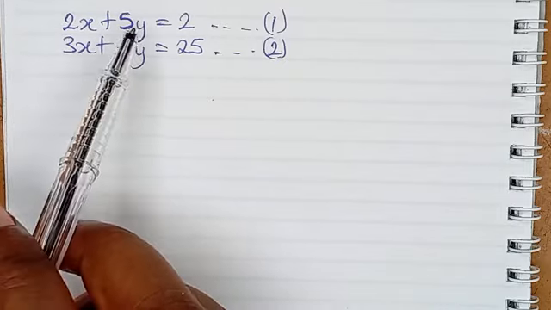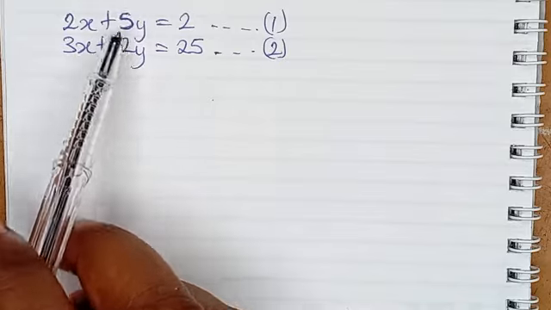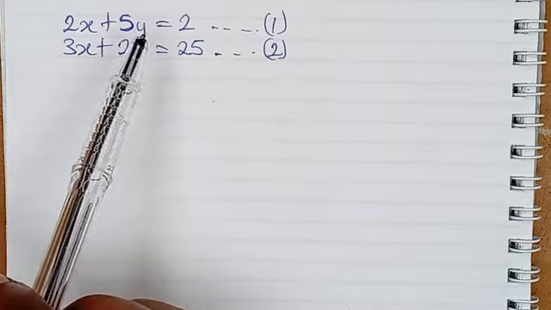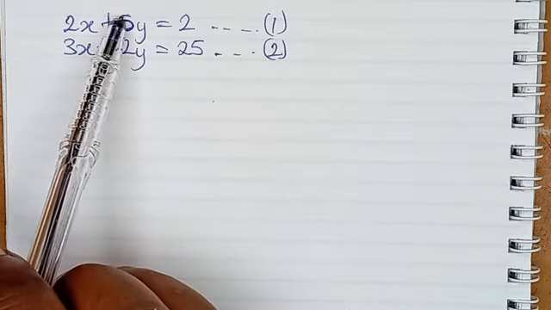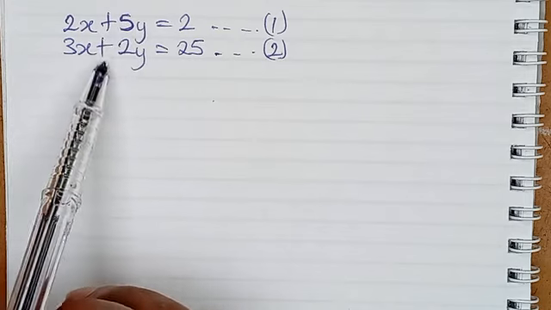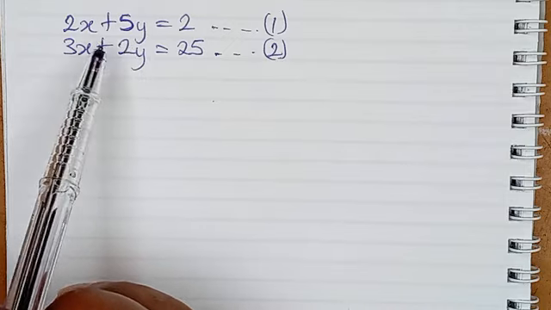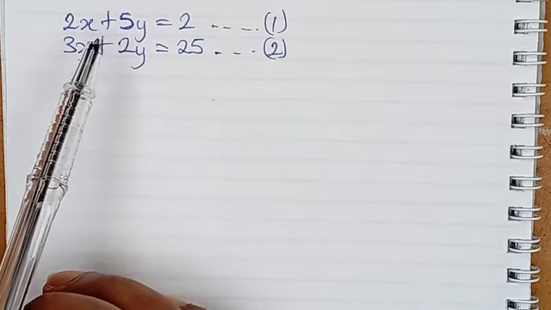So we've equated these two variables. Or we can look at the coefficients of the y variable. We are going to multiply this equation by 2 so as to make this 10y, and multiply this equation by 5 so as to make this 10y. So any of those things, that's our choice.